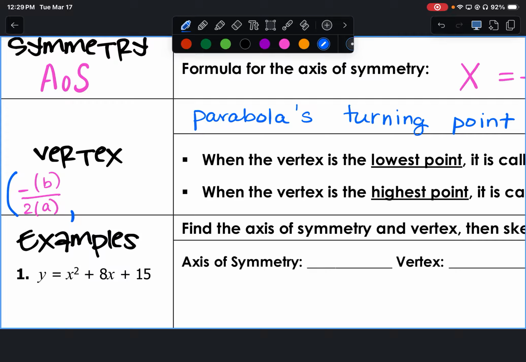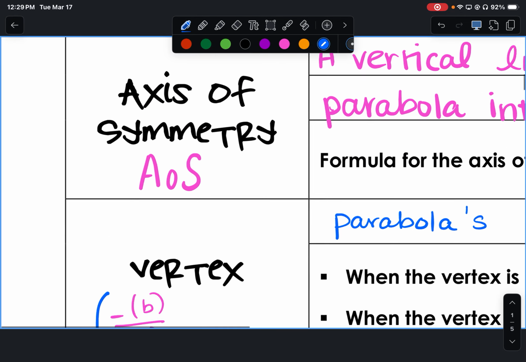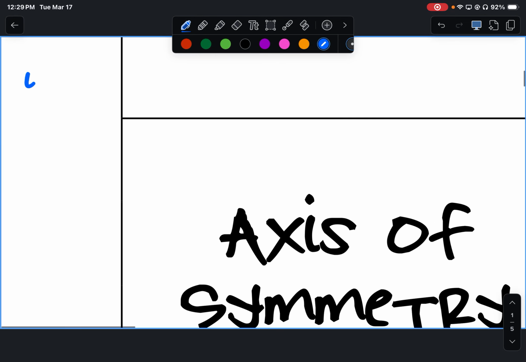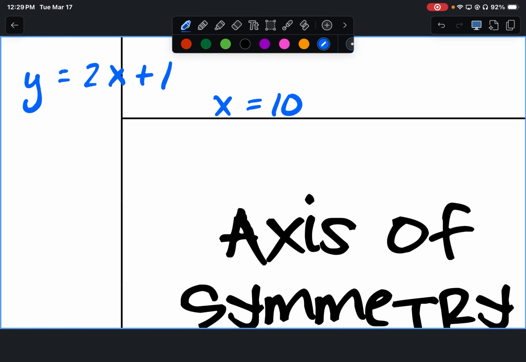I'm just going to multiply it by 10, or am I going to do what with that 10? Let's think. So if I have y equals 2x plus 1, and I know that x equals 10, what do I need to do to find y?